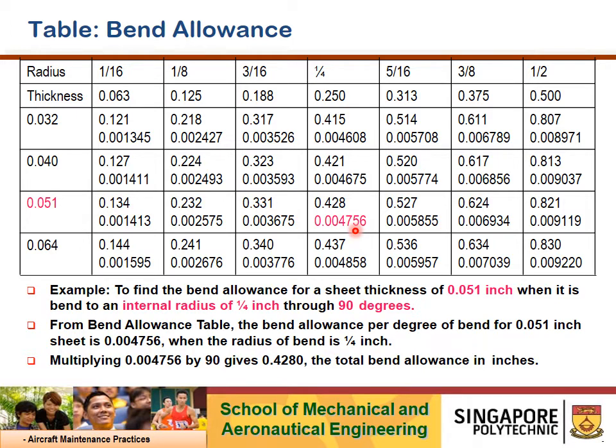If it's 45, you just multiply by 45. So you can see how the system works here. Right. And of course, as per the slide here, if you multiply 90 by 0.004756, your calculator will show 0.4280, which is in inches.